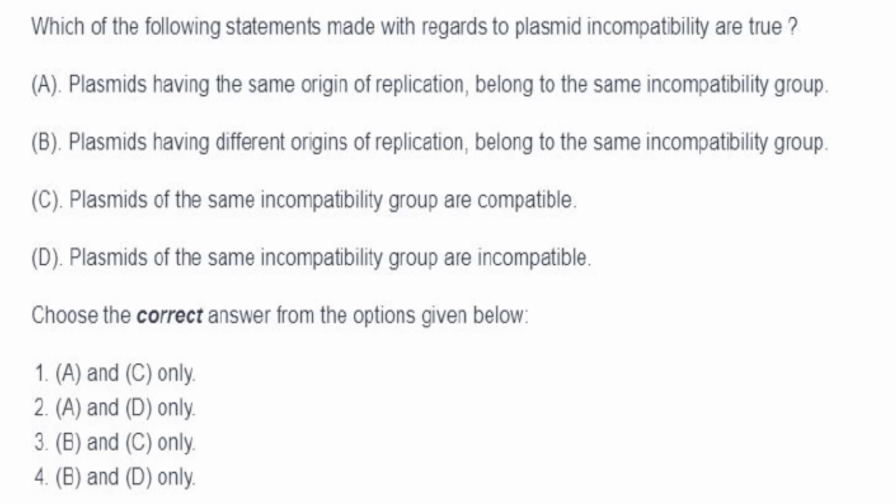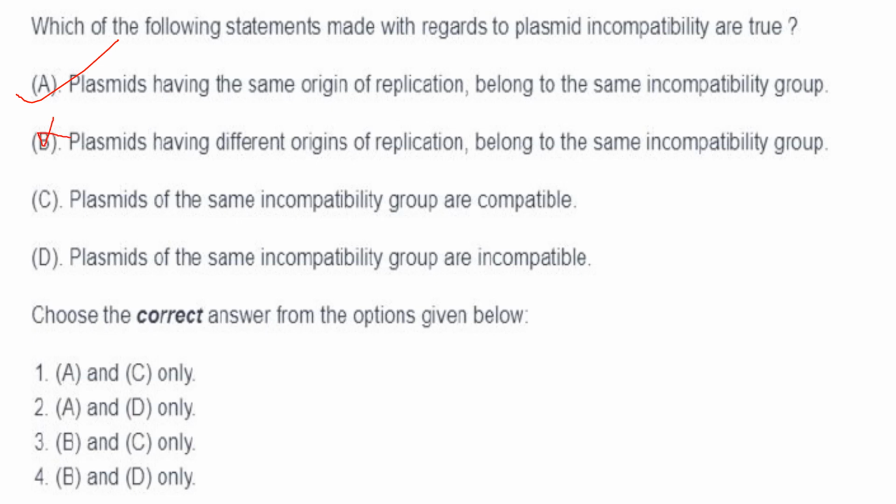Now read the options. Plasmids having the same origin of replication belong to the same incompatibility group. That is correct. Plasmids having different origin of replication belong to different incompatibility group, not the same. So B is not correct.